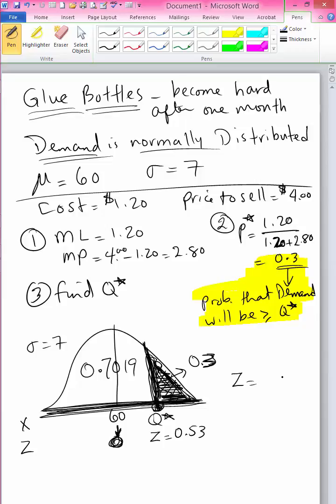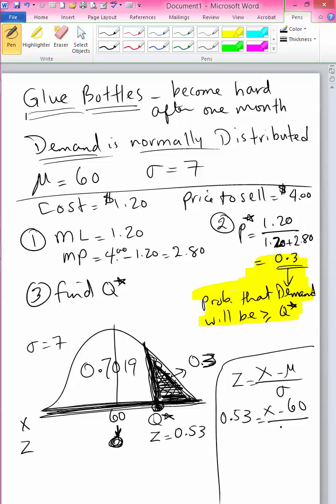Applying the z distribution calculation, z is equal to x minus mu over sigma. So in this case, my z value is 0.53, equal to x minus mu, where mu is 60, over sigma, which is 7. So x essentially becomes 60 plus 7 times 0.53.